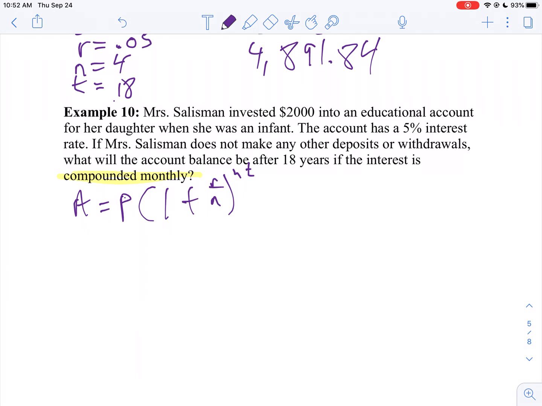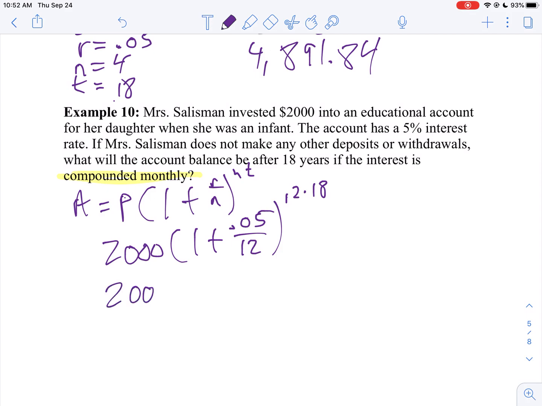So 2,000 times 1 plus 0.05. We're going to divide it by 12 this time. We're going to take it times 12 times 18. Everything else is staying the same, and we're going to see how much money she'd have if we compound it monthly.